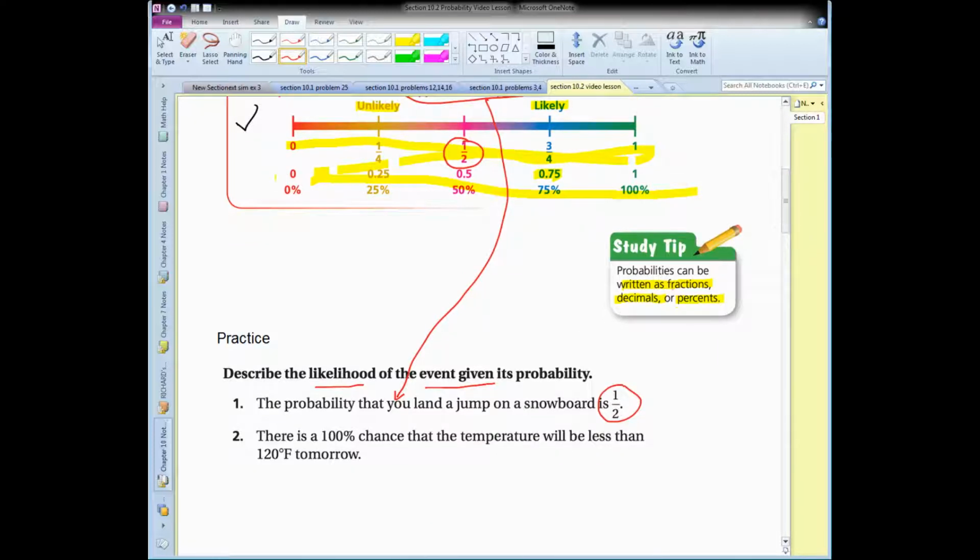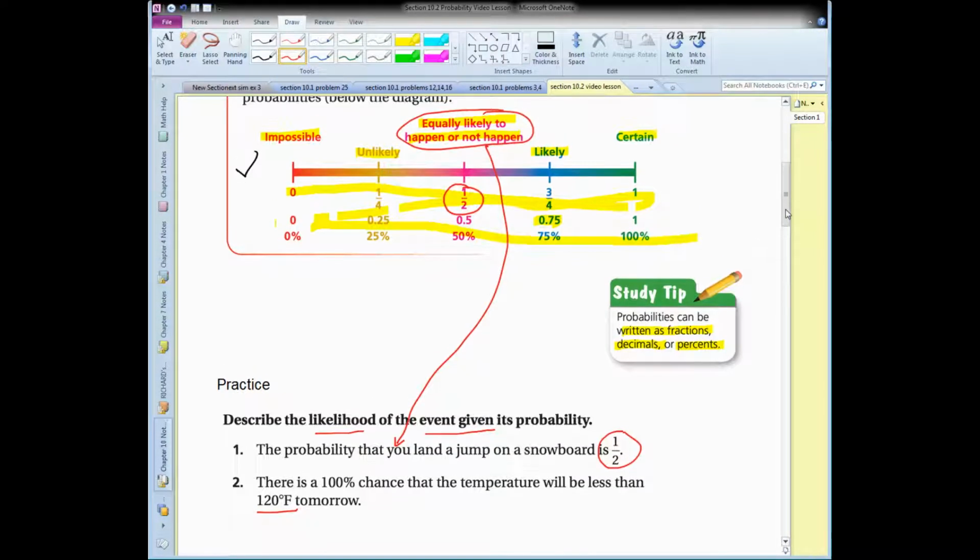For problem 2, there is a 100% chance that the temperature will be less than 120 degrees Fahrenheit tomorrow, unless you live in Death Valley or someplace super hot. Okay, but up here in Lake Stevens, there is a 100% chance that the temperature will be less than 120 degrees Fahrenheit tomorrow. So 100%, I look for that up here.